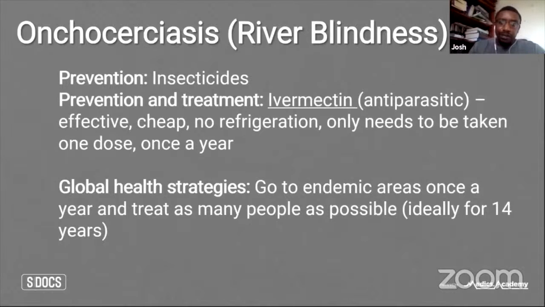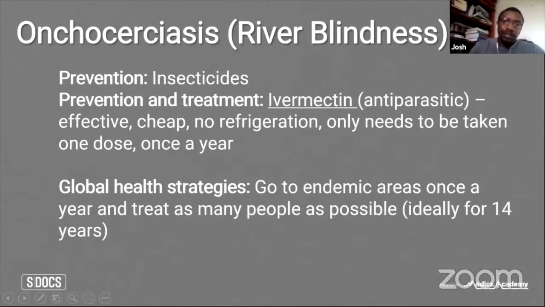They'll do this for 14 years, and at that point, you should know that everyone in that community has been treated for onchocerciasis. But as I understand, most countries will do this for 6 to 8 years, so still several years. And by that point, it tends to be effectively eradicated in communities.